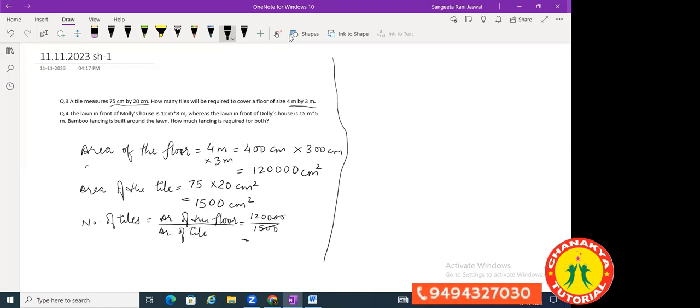The lawn in front of Molly's house is 12 meter into 8 meter. The star is representing the multiply sign, okay? 12 meter into 8 meters, whereas the lawn in front of Dolly's house is 15 meter into 5 meter. Okay, so let's write Molly's house. I'm just writing my statement as I'm reading the question.